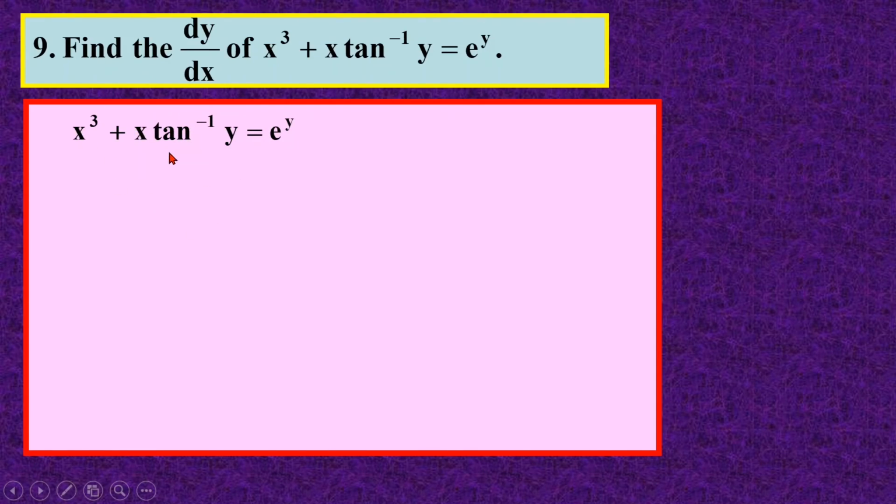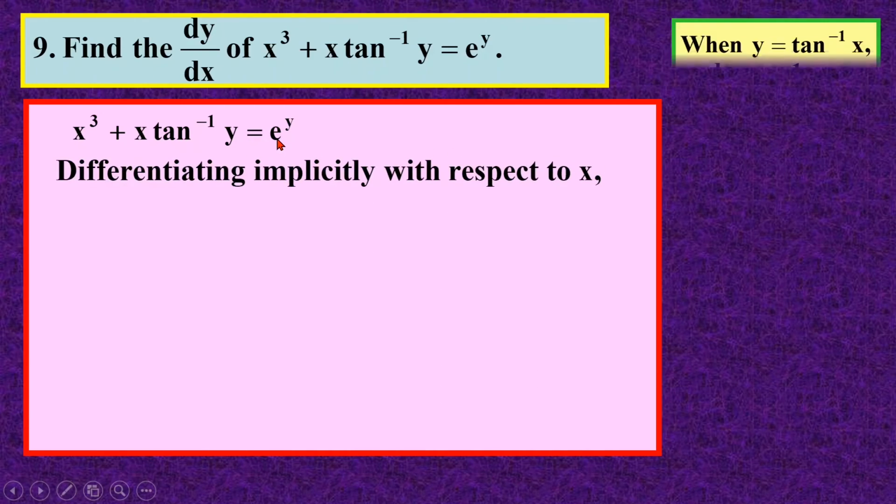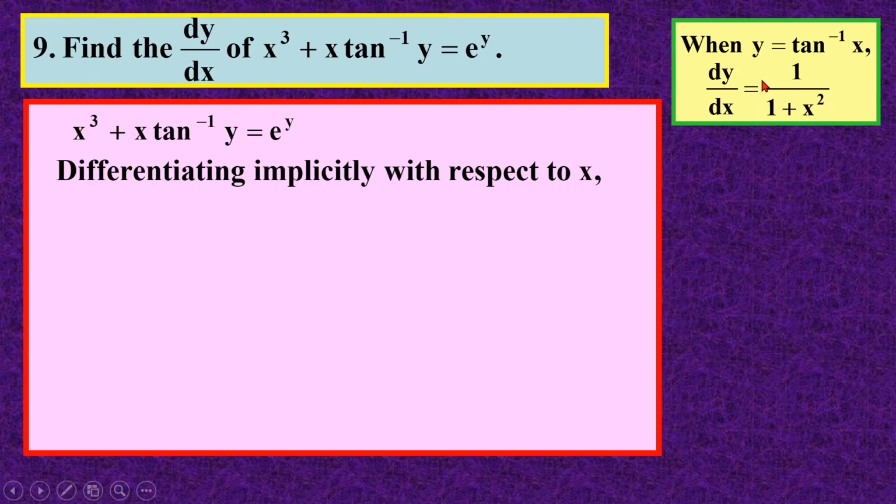Now, we have x to the power of 3 plus x multiplied with an inverse trigonometric function and an exponent. For inverse trigonometric function, when I differentiate tangent inverse, I will get 1 over 1 plus x squared. That is a formula which is given inside your formula list.